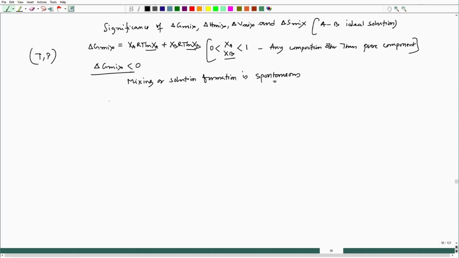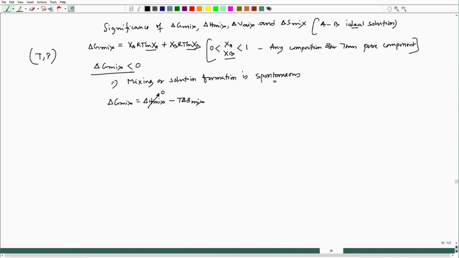But you have to remember that delta G mix equals delta H mix minus T del S mix. Now delta H mix is 0 for an ideal solution, since we are taking an ideal solution, so delta H mix will not have any contribution to delta G mix.